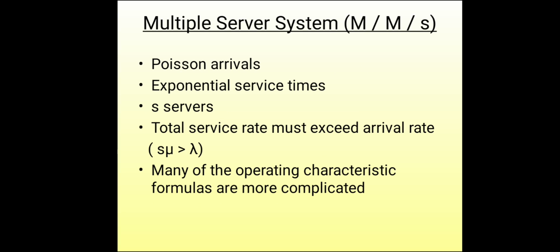With Poisson arrival, exponential service time, and S servers, the total service rate must exceed the arrival rate, so S mu greater than lambda. Many of the operating characteristic formulas are more complicated.